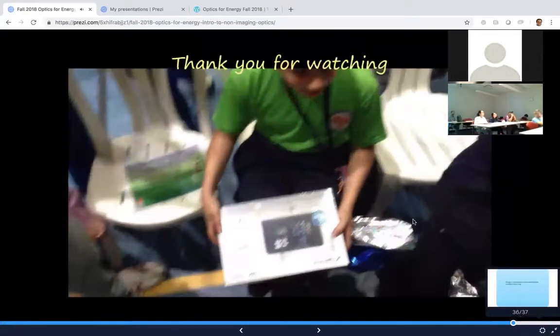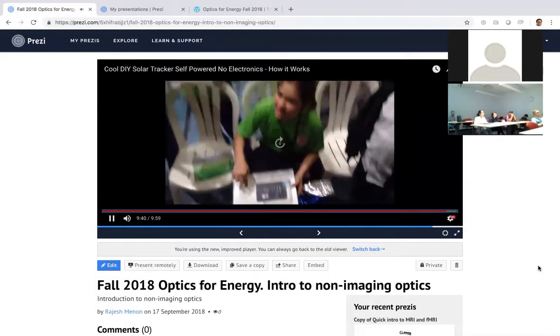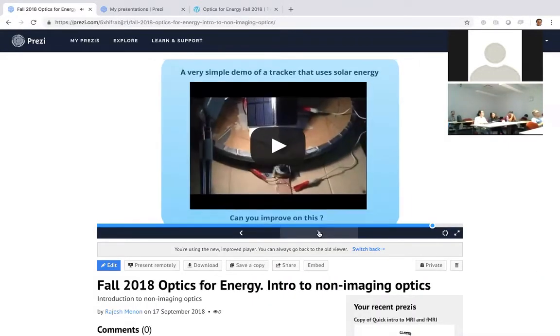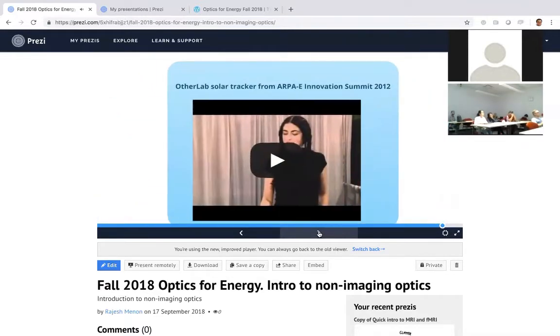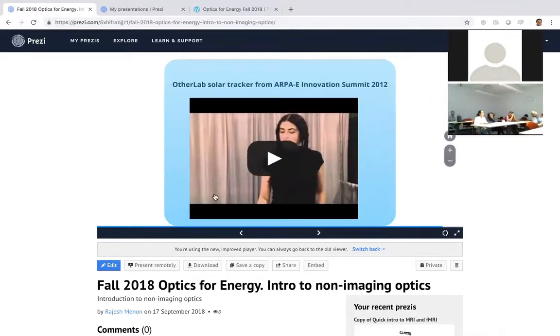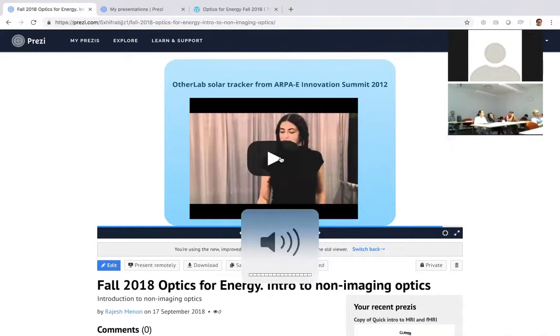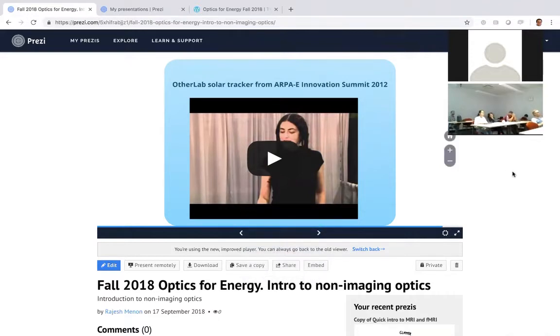So that's a more complicated concentrator. I'm going to play this one, the heliostat. We talked about how heliostats concentrate light by following the sun. Now, the heliostat, of course, requires tracking.